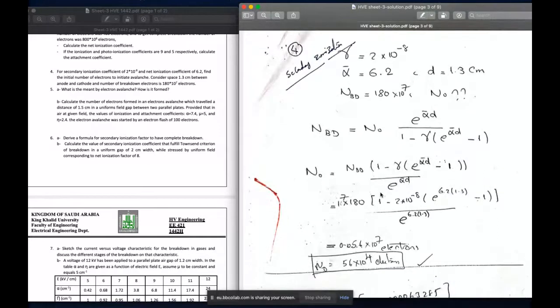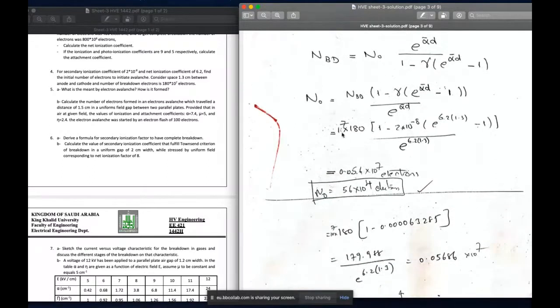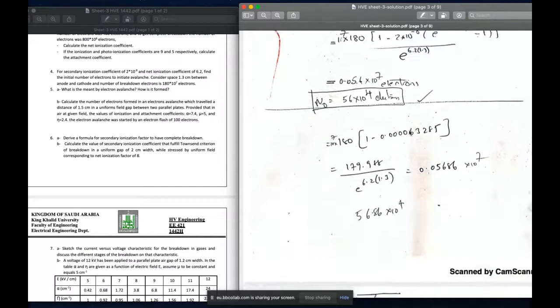So if you want to calculate the initial number of electrons, that will be NBD multiplied by 1 minus gamma into e power alpha bar d minus 1 divided by e power alpha bar d. If you substitute the values, you will get the initial number of electrons required as 56 into 10 power 4 electrons. Now coming to the fifth question.